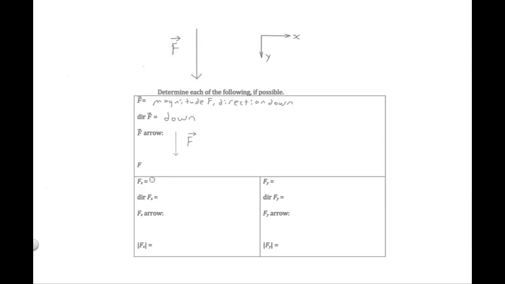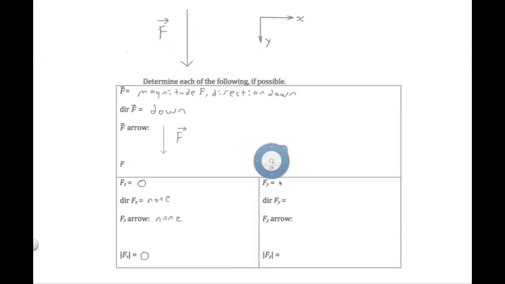Now the x component will still be 0. Since this vector is vertical, it has no horizontal component. All right, and here's the only slightly tricky part.